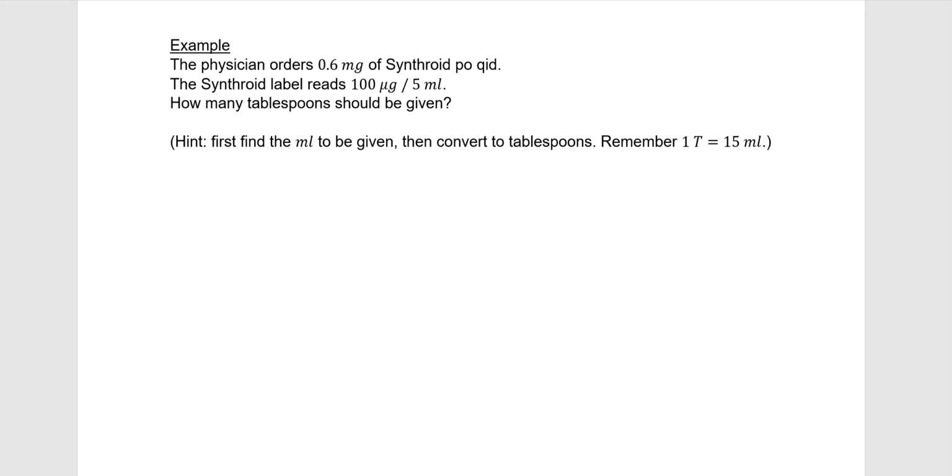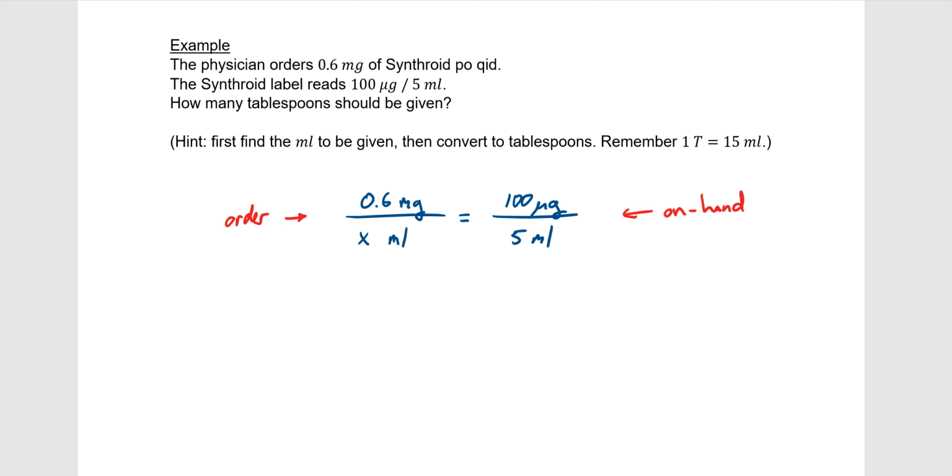Okay, so setting up this proportion, we have 0.6 milligrams for x milliliters, which is what we're looking for, equals 100 micrograms for 5 milliliters. So we notice that the units, once again, are different in the numerator. So we can convert 0.6 milligrams to micrograms or 100 micrograms to milligrams.